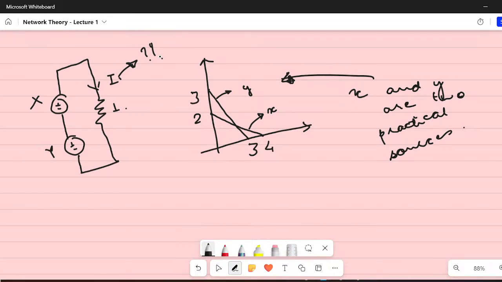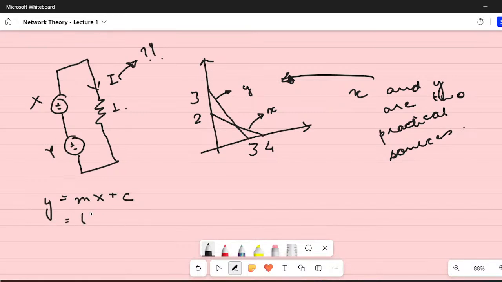So how would you approach this question? Given the curve y, how would you define y? It is a straight line, so y equals mx plus c, right?